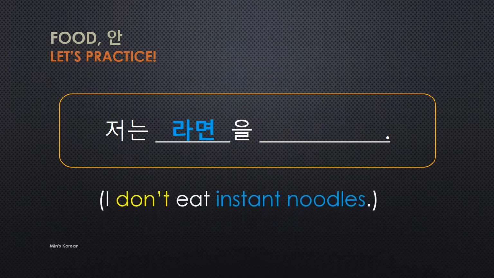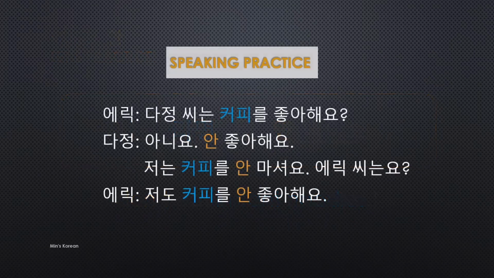So I don't eat instant noodles. 자, how can you say? Good. 저는 라면을 don't eat same 안 먹어요. 저는 라면을 안 먹어요. Okay, good.